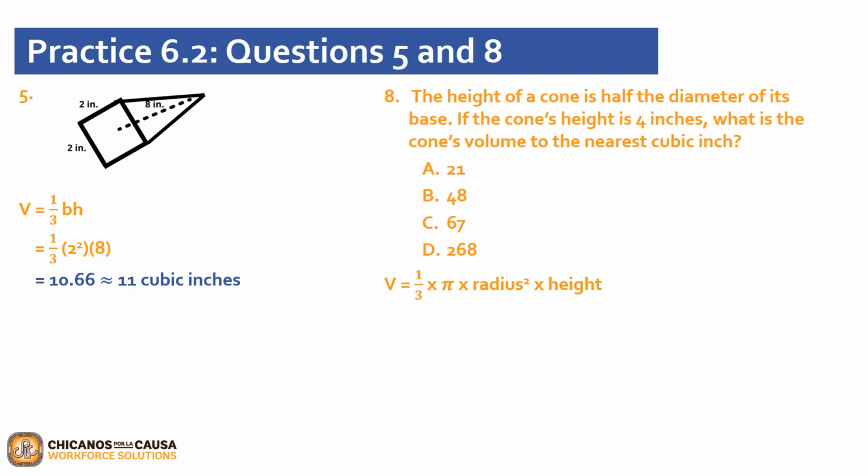So we have 1/3 times pi, which is 3.14, times 4 squared times 4, which is the height. When we calculate that, we get 66.9, but we're going to round it, which gives us 67 cubic inches.